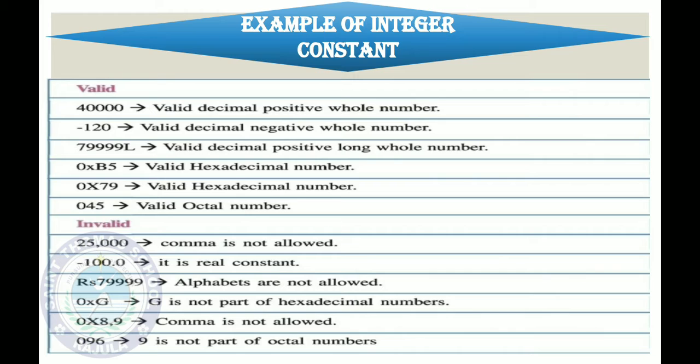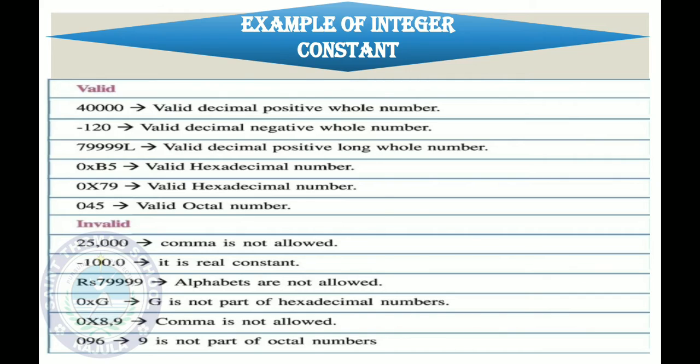Then 0xG, G is not within A to F, that is why it is not a hexadecimal constant. 0x89 with a comma is not allowed, and 096, so 9 is not allowed in octal. Octal considers only 0 to 7, this is why this is not an octal constant. So these are some of the examples. Like this you have to identify which number belongs to which integer constant based on its prefix.